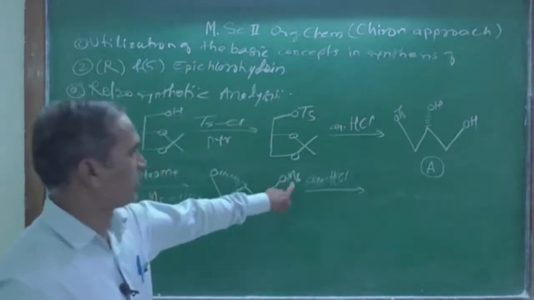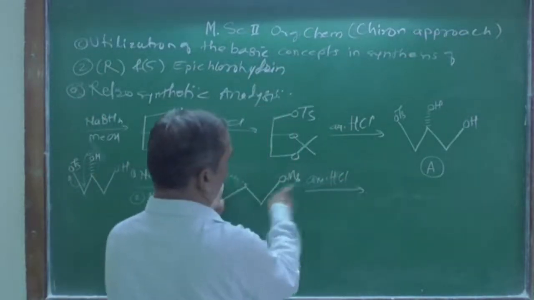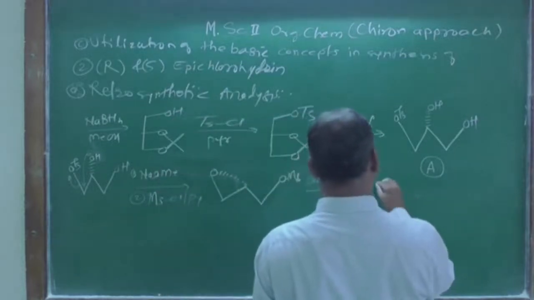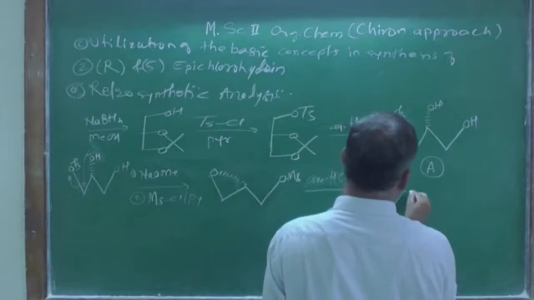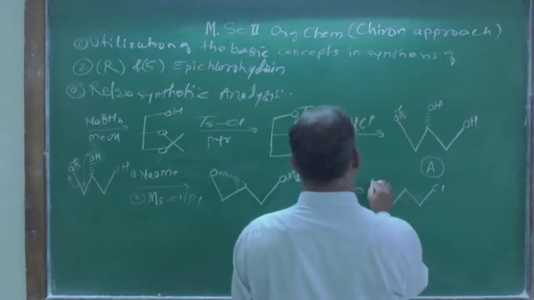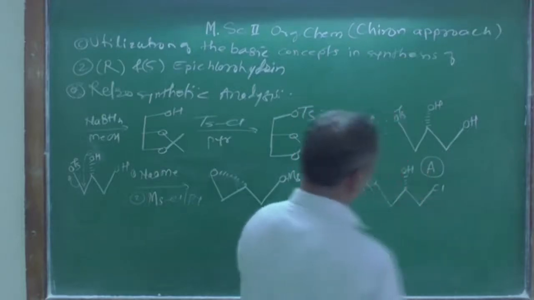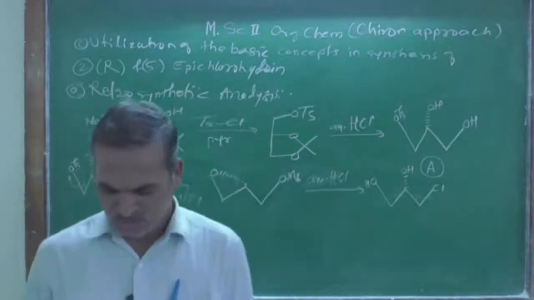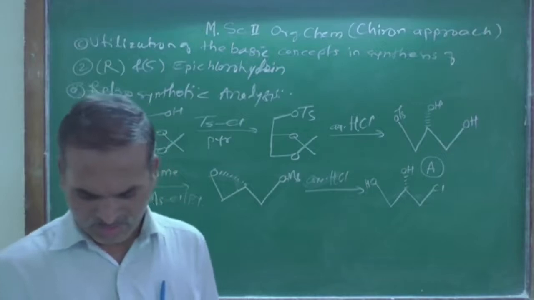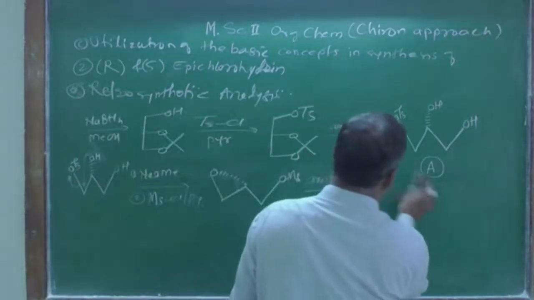What is going to happen here is that the epoxide gets opened, and the chlorine atom is going to attach over there. So you are going to get this product. This protecting group remains as it is. Here is Cl, here OH, and this OH remains as it is, right? So these are the concentrated conditions. After doing this, let us see what is happening next.